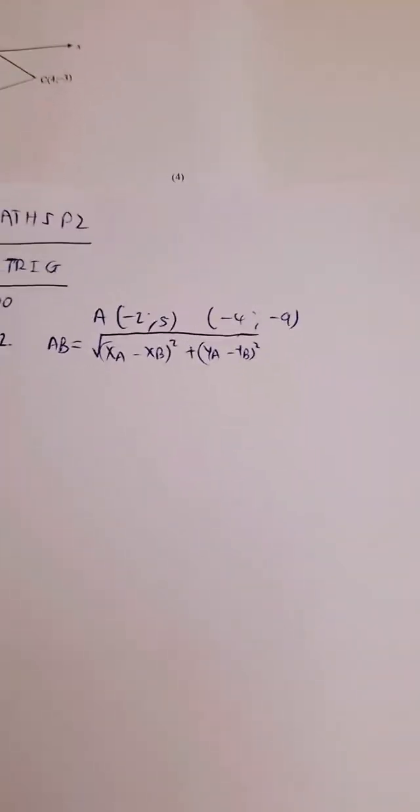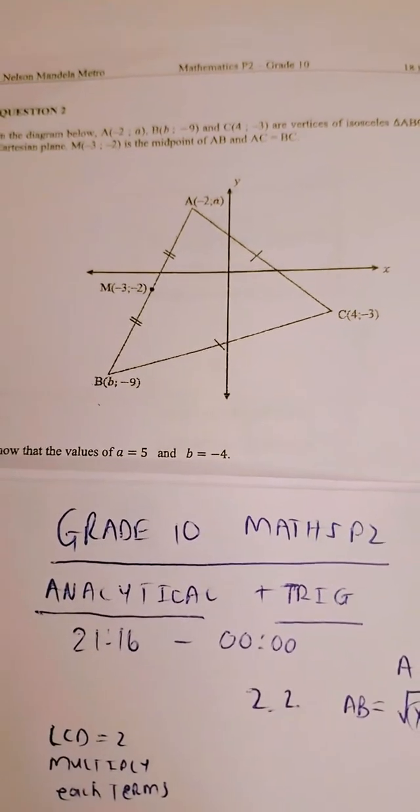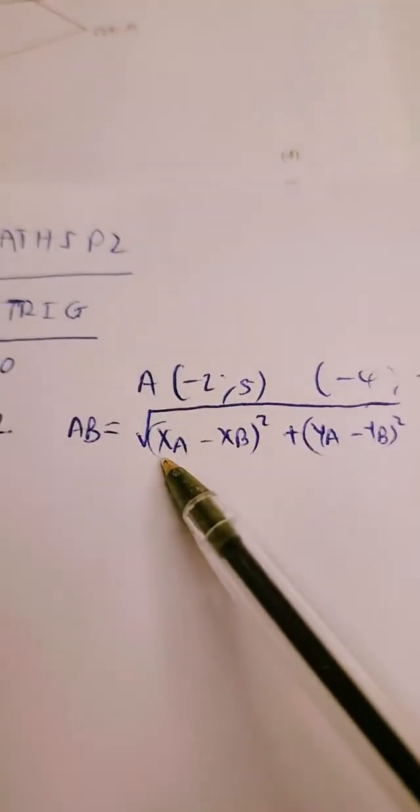and -9. So what are we supposed to do now here? Calculate the length of who? Of AB. AB, which is a side of a triangle. So x coordinate of A, let's substitute that in brackets, -2 minus x coordinate of B, minus.